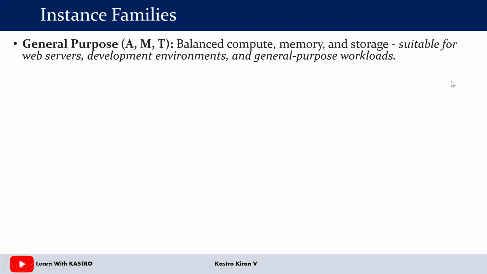Now, what do A, M, T mean? These are the categories available in the general purpose instances, like the A family, M family, T family. We have different types of families, which I'll show you in some time in the AWS documentation.